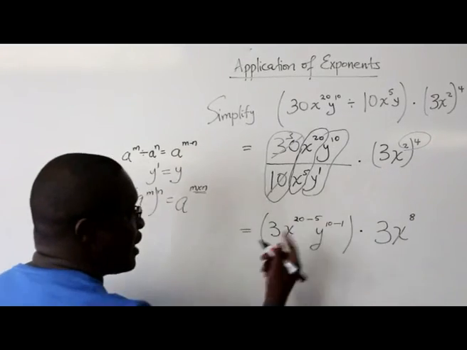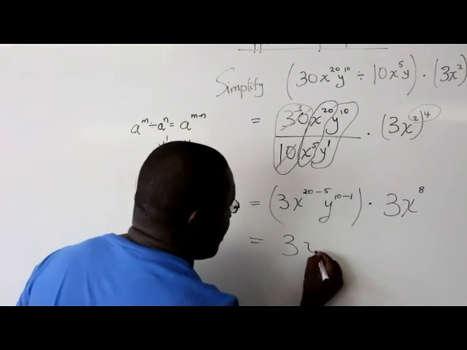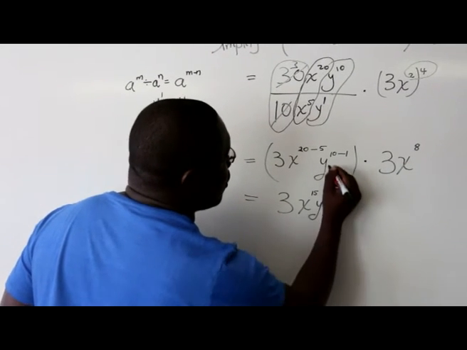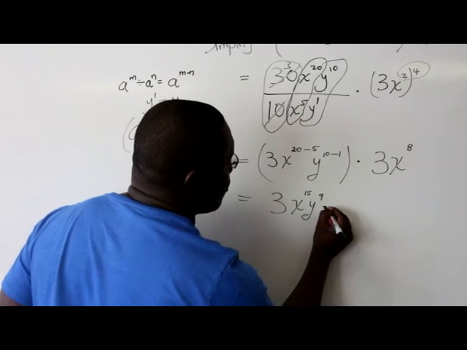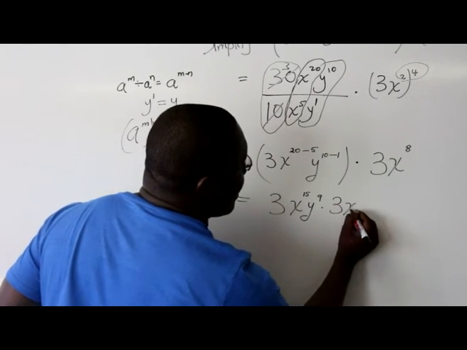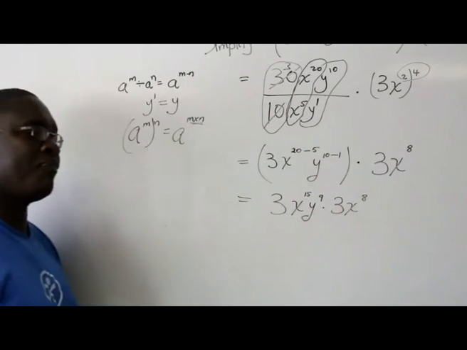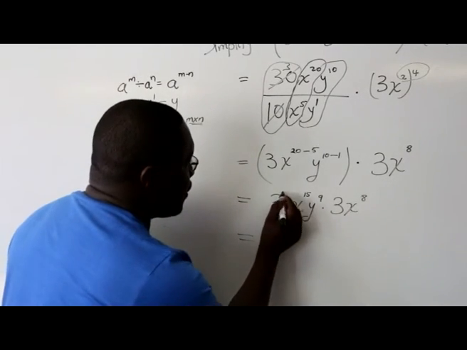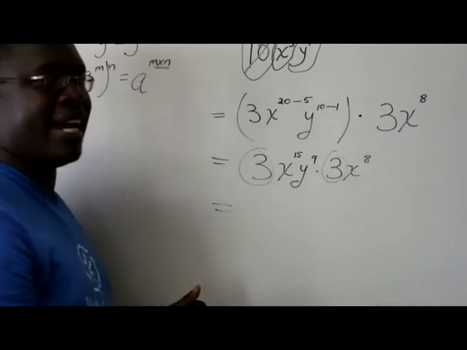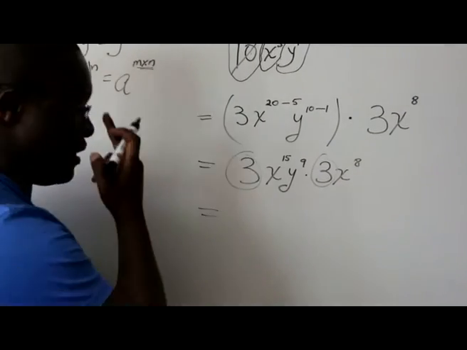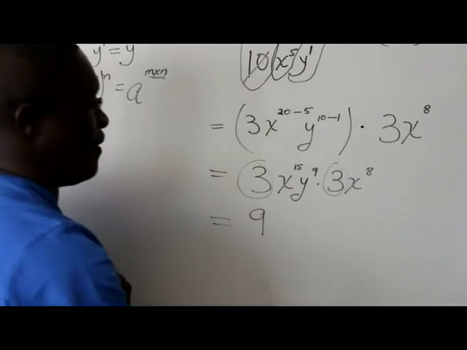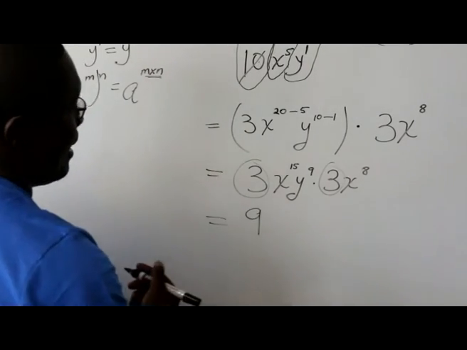So we can do the subtraction here, right? 3x to the power of 15, y to the power of 9 multiplied by 3x to the power of 8, right? Let's go again and see. So the 3 and the 3 can multiply, right? They're both whole numbers. 3 times 3 will give us 9. So that's done.